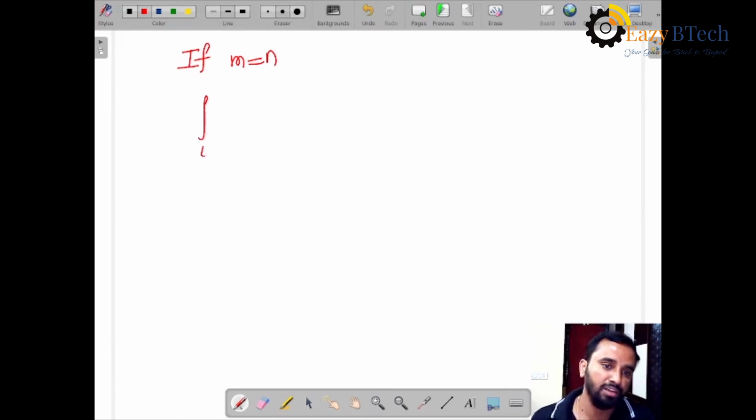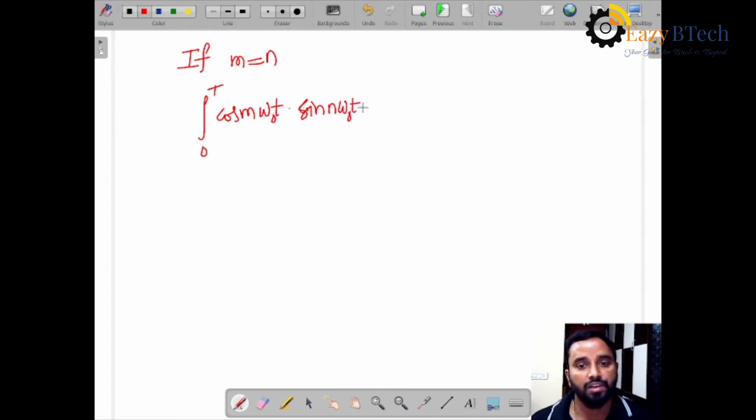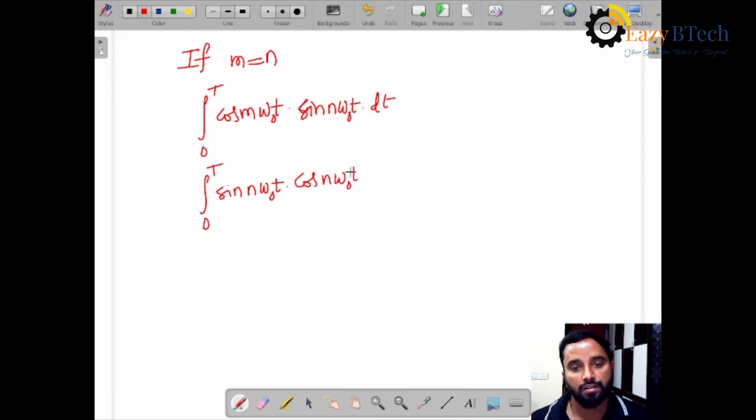What happens to this integral 0 to T of cos m omega naught t sin n omega naught t dt? First I will write the original functions. So what is the case here? m is equal to n. So we are going to take sin n omega naught t, m is also n, so cos n omega naught t dt.